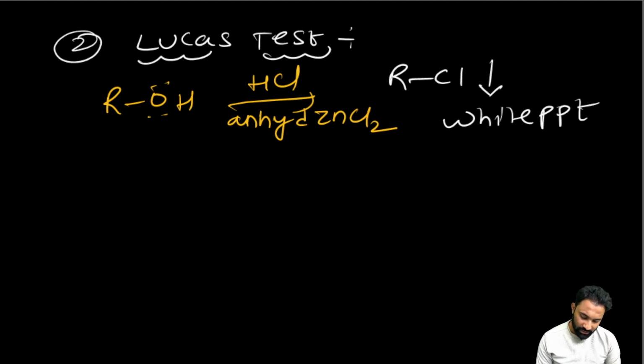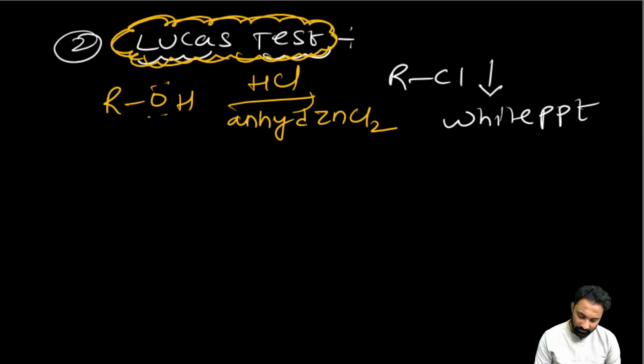Now which one will give you the instant turbidity? They will ask. Upon the Lucas test, which alcohol will give you the instant turbidity? 3-degree alcohol.